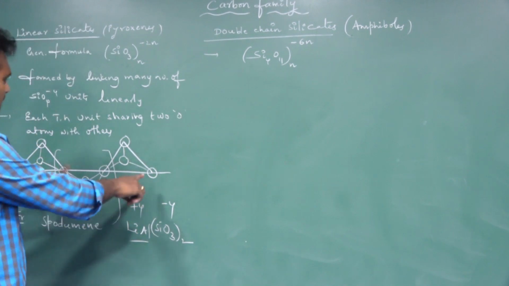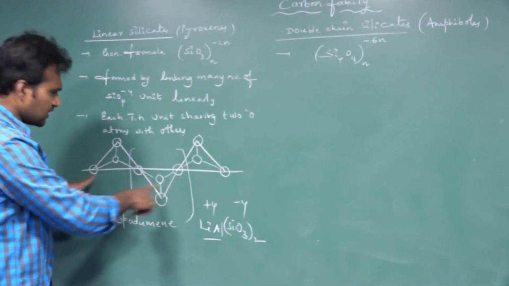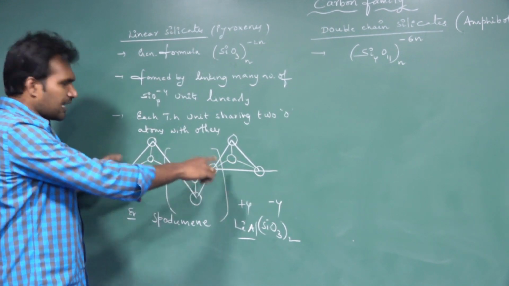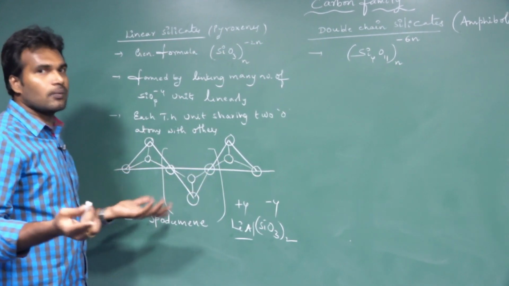So this is a single chain silicate. If you take two of this kind of silicates and join them, then it is a double chain silicate.